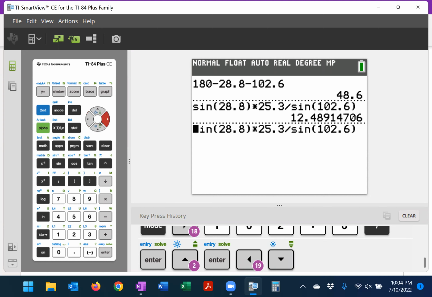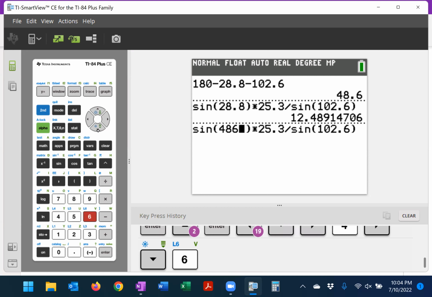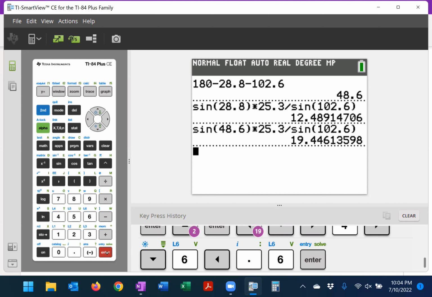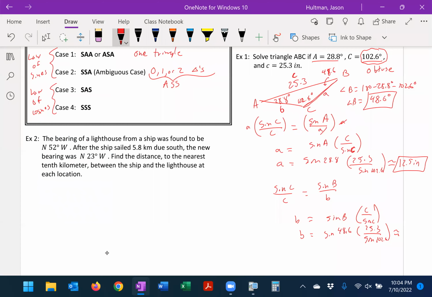Save me a little bit of writing. Okay, and that comes out to about 19.4 inches. I round to the tenth because that's what they gave me. They gave me C in terms of tenths. So this is 19.4 inches.